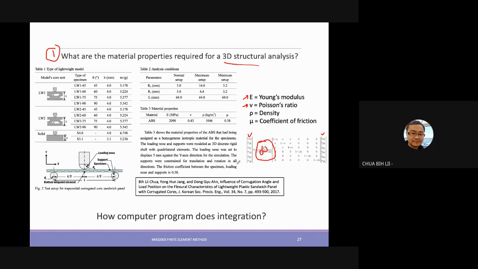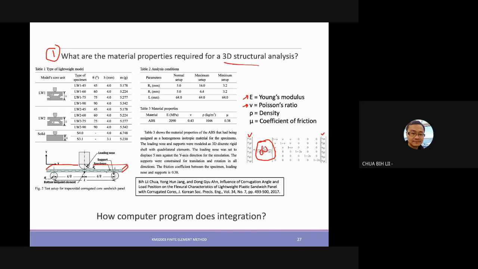This is an analysis obtained from one of the papers, related to a corrugated core sandwich panel, modeled in a 3-dimensional form, undergoing a 3-point bending test in a simulated way.